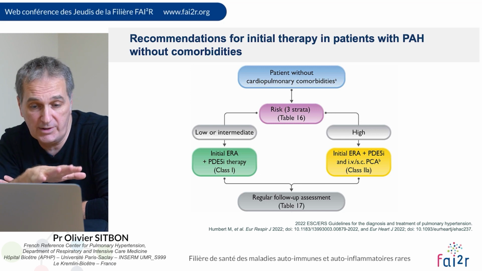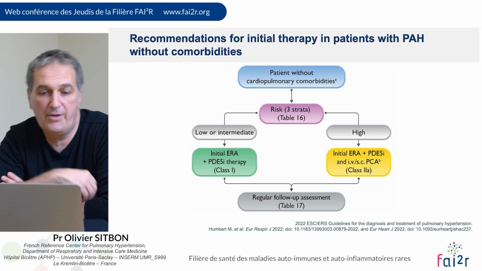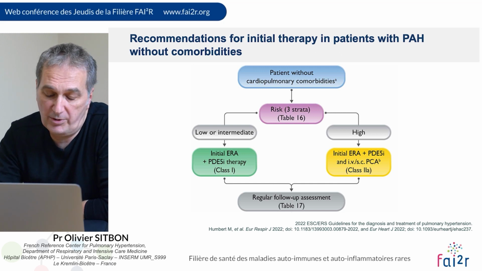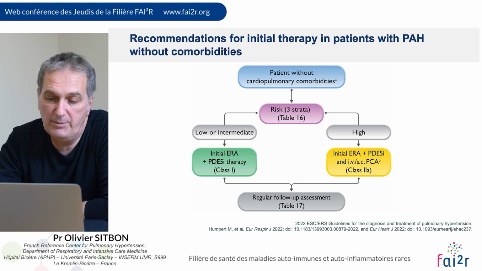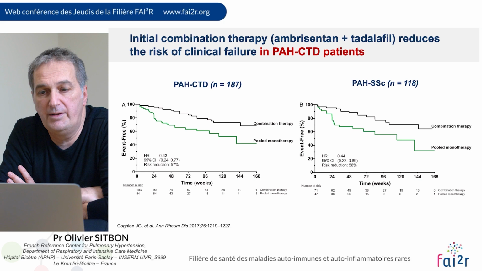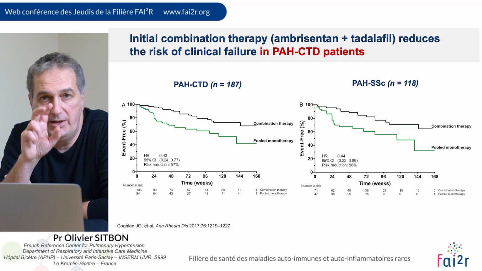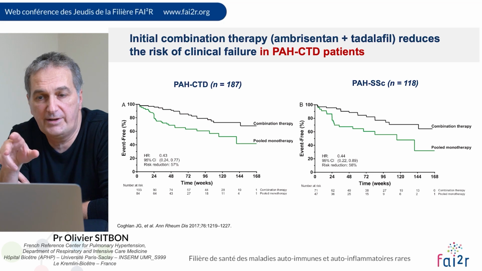And for the vast majority of the patients, we have to consider initial double oral combination therapy with an endothelin receptor antagonist and a PDE5 inhibitor. And this has been clearly shown in the AMBITION trial, comparing two strategies, initial combination of ambrisentan and tadalafil compared to monotherapy.